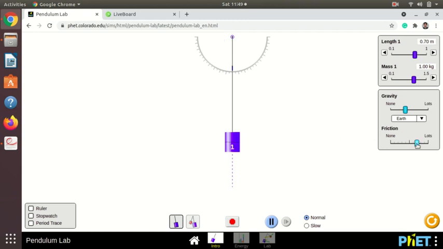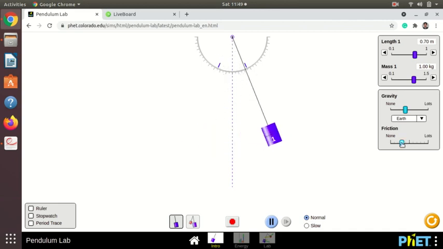So let's start with this friction, and I will start from a 25 degree angle. Okay, so if I release this, you can see at this friction the amplitude is decaying at a very slow rate.